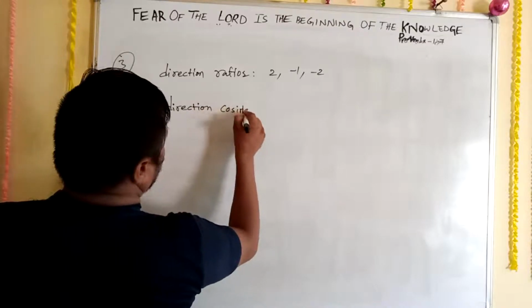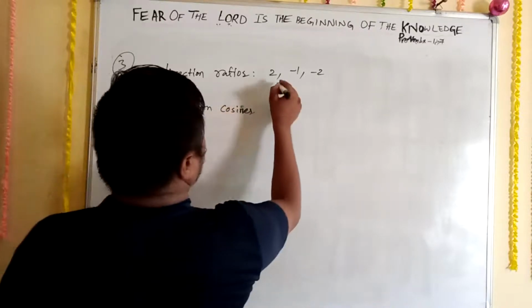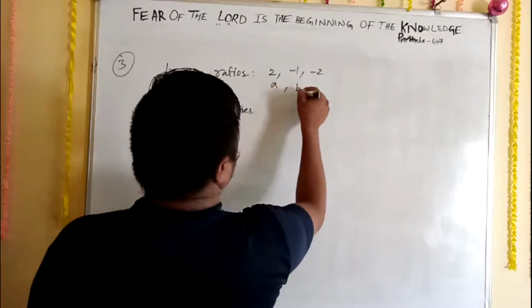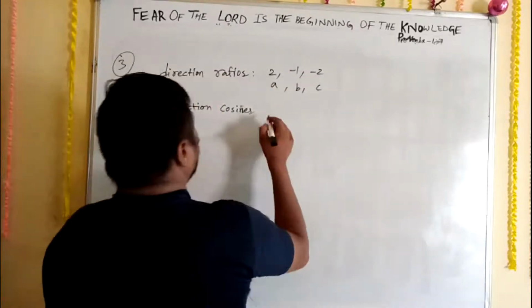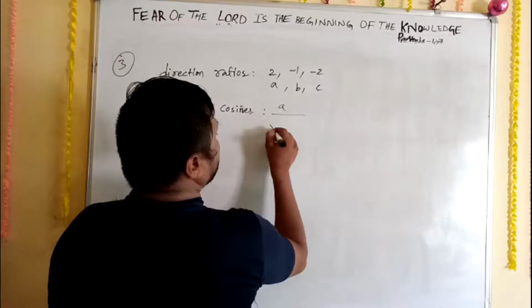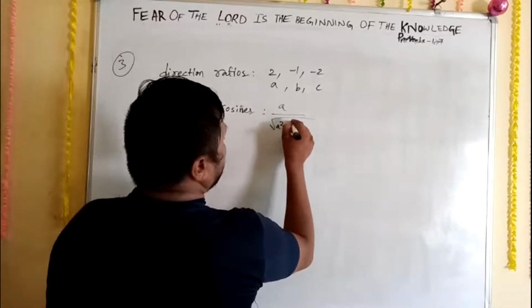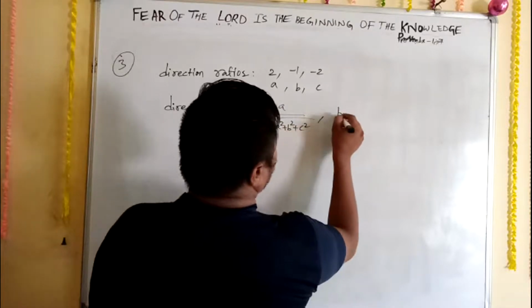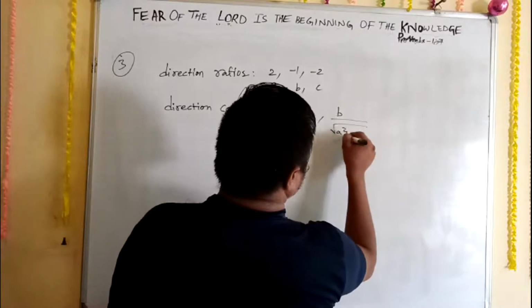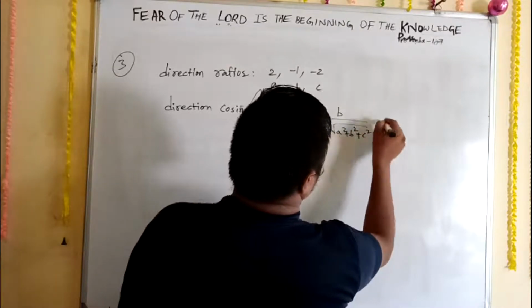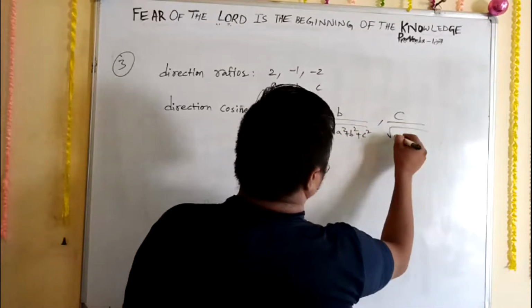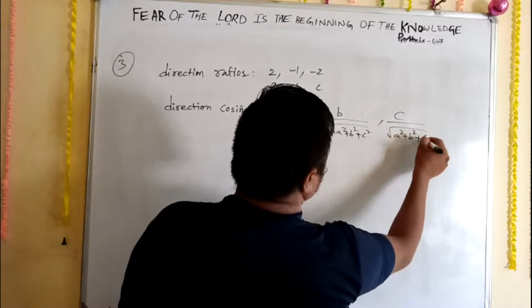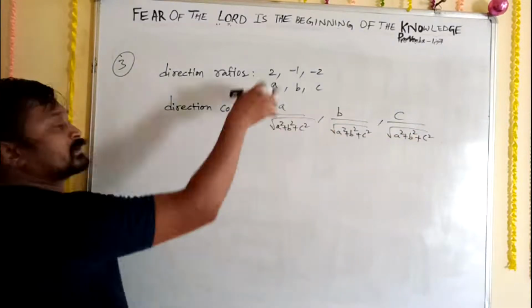Remember to read this as A, this as B, and this as C, because it is the direction ratio. And direction cosine means A upon square root of A square plus B square plus C square, comma, B upon square root of A square plus B square plus C square, and C upon square root of A square plus B square plus C square. Just substitute the values and get your answer.